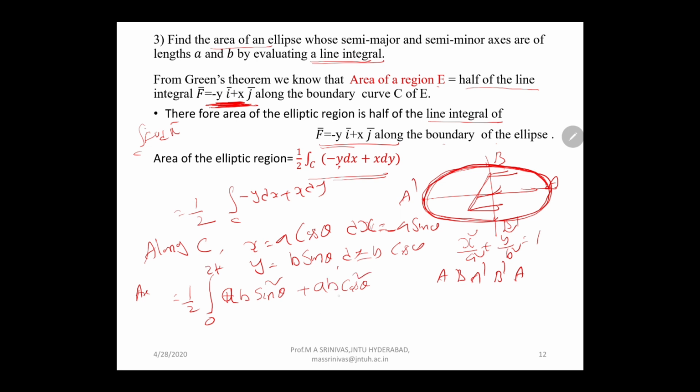If I take ab common, it is ab by 2, integral 0 to 2 pi, sin square theta plus cos square theta, d theta. Cos square theta plus sin square theta is 1, so this is d theta. So ab by 2 into 2 pi, that will be pi ab. Pi ab is the area of the ellipse. This is how we solve this problem.